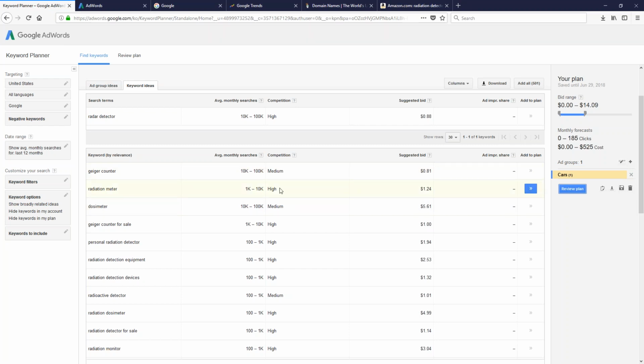This does not guarantee that the free organic search results will have high competition. It might, but you really can't tell based on the information here. Because while this one says Geiger counter is medium competition on AdWords, I pretty much guarantee that to get a real organic search ranking on that keyword phrase on Google, it would be extremely high competition.